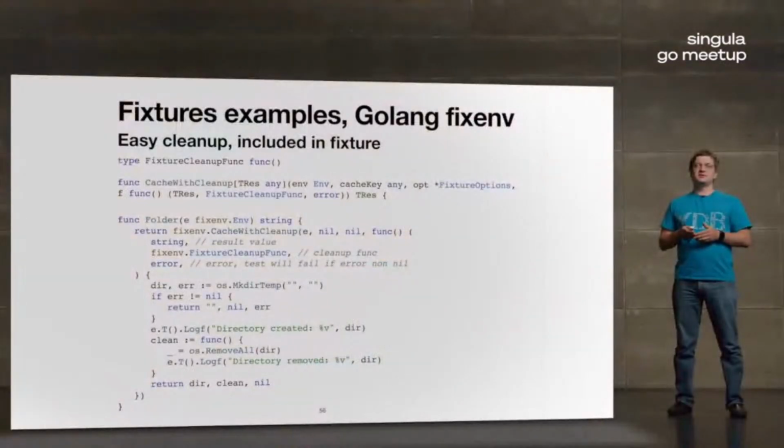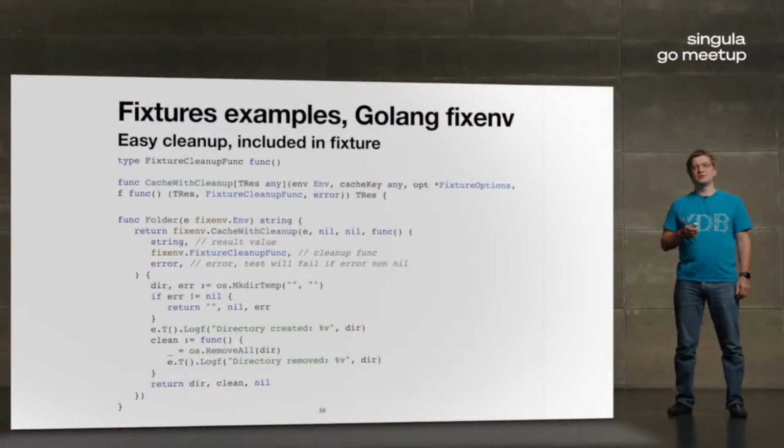If we need cleanup code, then the Fixenv library provides a simple path for it. Fixenv defines a cleanup function type. It's a simple function without arguments and without result, same as the cleanup function in the standard test library. And there is the function cache with cleanup. It works like cache, and additionally it calls cleanup code when the test finished.